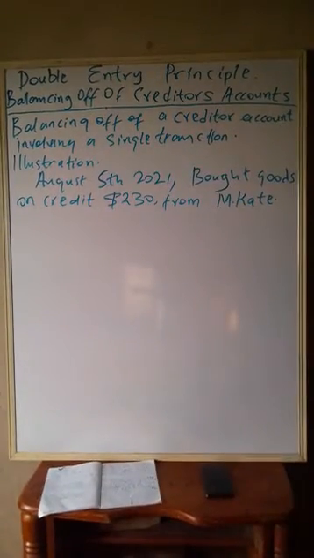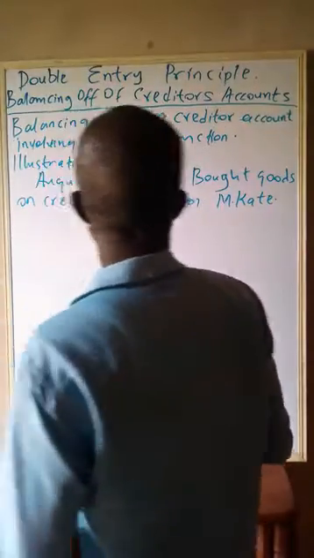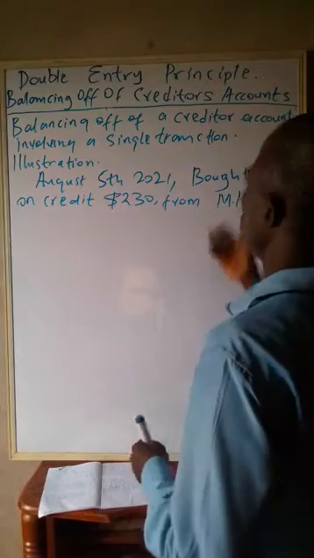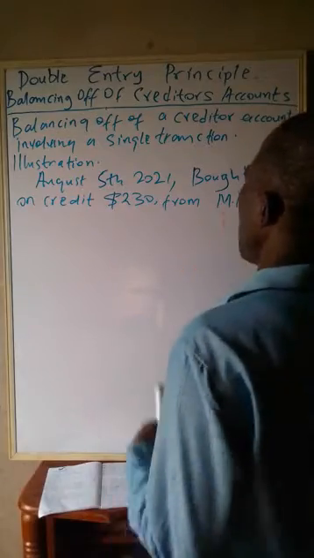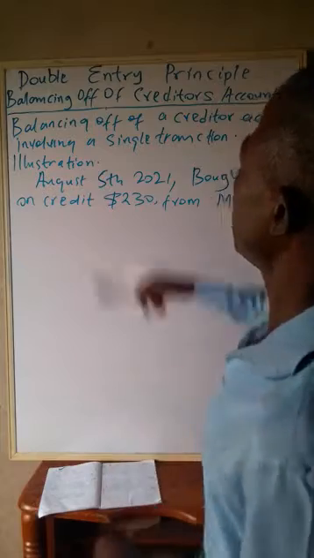We are not told whether payment has been made or not. Just August 5th, 2021, bought goods on credit, $230, from MKT. That is, the company bought goods on credit from MKT. How much? $230. What is the heading?